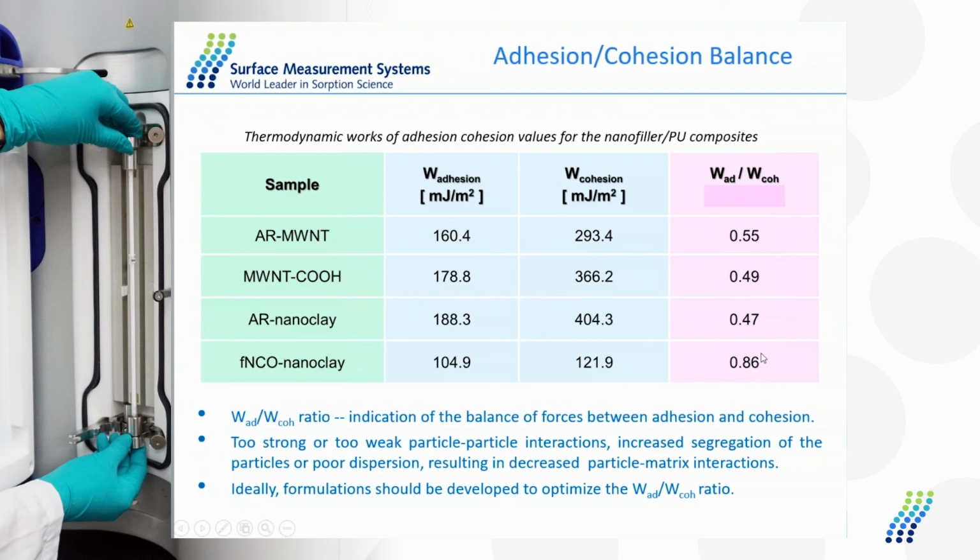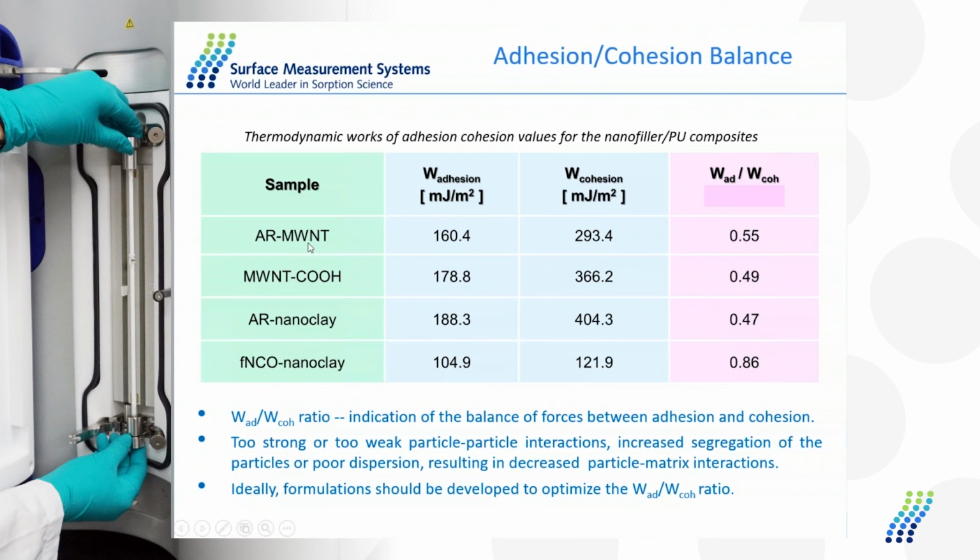So from these predictions here, we would expect that the functionalized nanoclay, which had a lower surface energy, would make a better composite than the as-received nanoclay. On the flip side, the as-received multiple wall nanotube should make a better composite than the functionalized, which had a higher surface energy, which led to a higher work of cohesion.